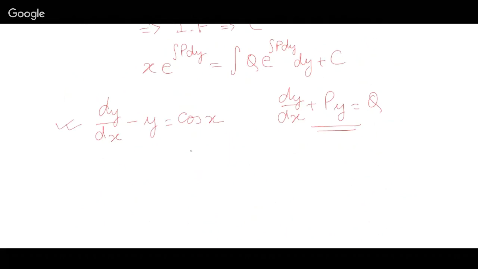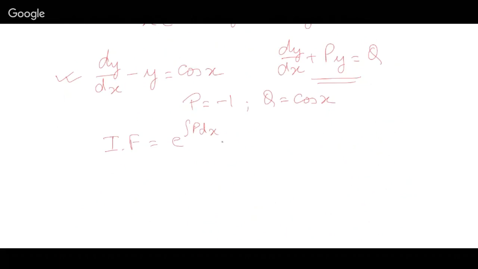If we have a look at this linear differential equation and the given differential equation, we will see that our p is coming out to be equal to -1 and q is coming out to be equal to cos x. So my integrating factor now is e to the power of integral p dx, which will be equal to e to the power of integral minus dx, which is equal to e to the power of minus x.